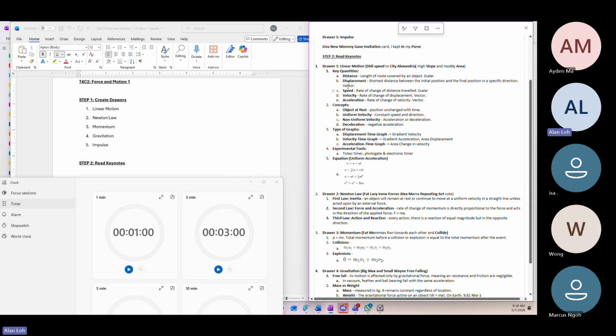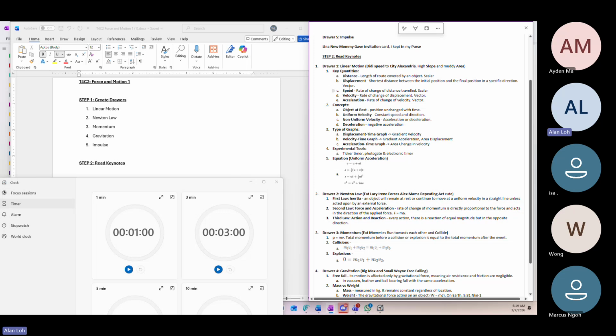Just this very simple sentence is helping us to remember these 5 quantities. So if you are worried about remembering these 5 quantities, don't worry. This is how we are going to remember this, right? Because these 5 quantities are very important for us to remember and to understand, as these are the fundamentals of this topic, this chapter. So Titi is distance and displacement.